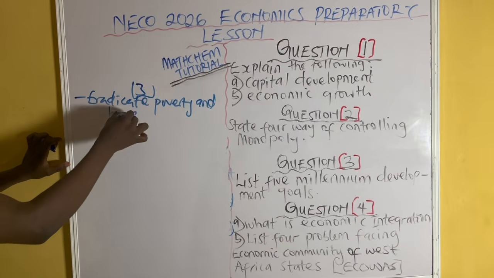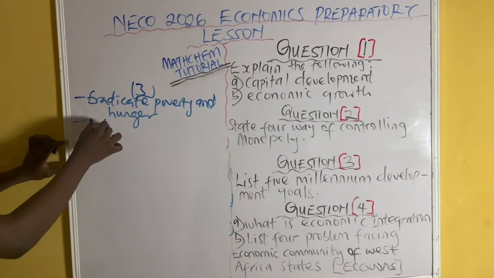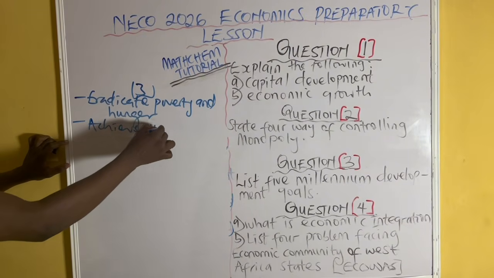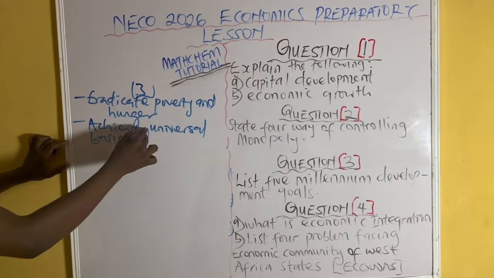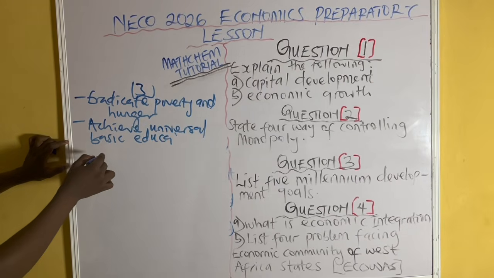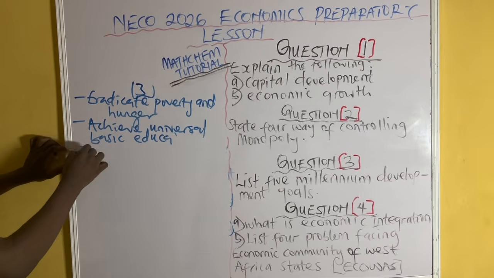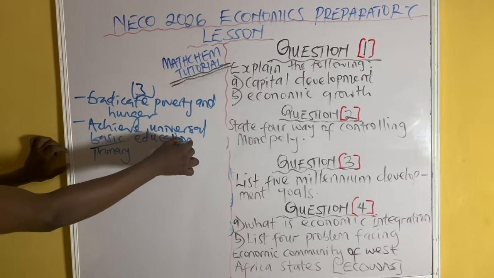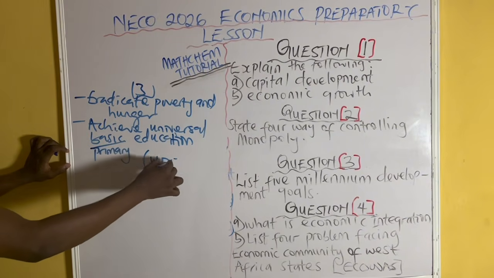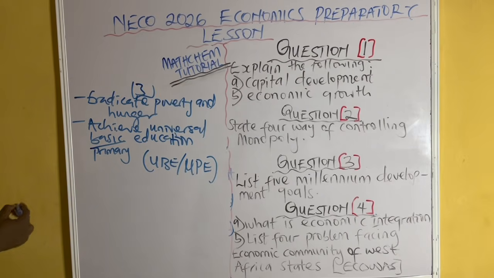Another aim is that they want to achieve universal primary education. Sometimes some students might take it as basic, some might take it as primary. So basic or primary education, that is going to be like UBE or UPE. You understand? So they want to achieve that.